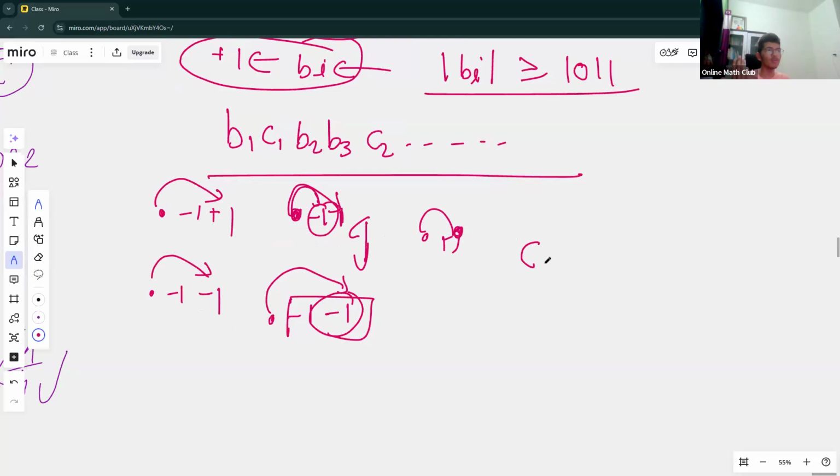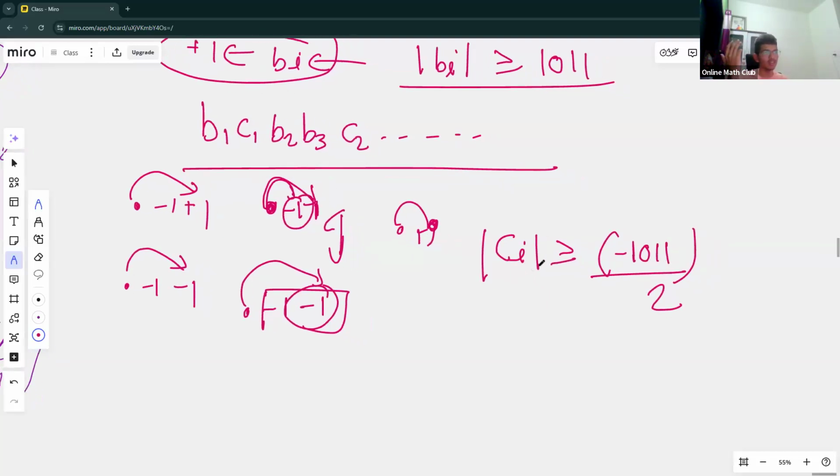So the number of Cis we cover is actually not greater than, or rather less than, at least how many minus ones we have, which can be equal to 1011, right? And half of that.